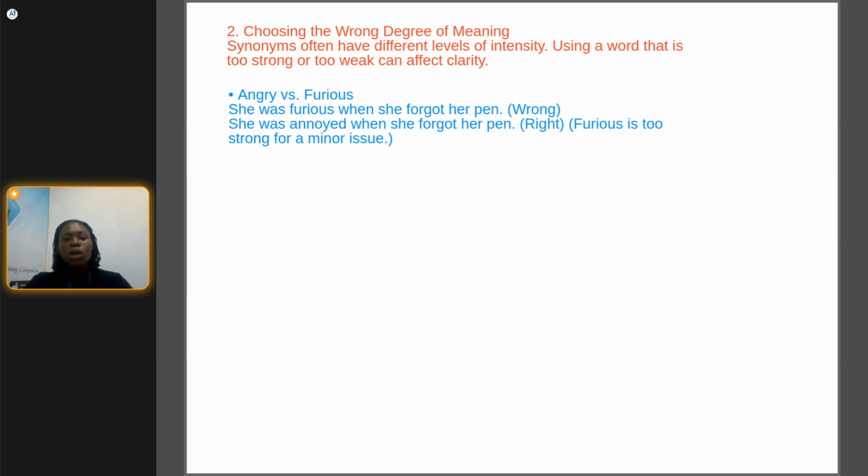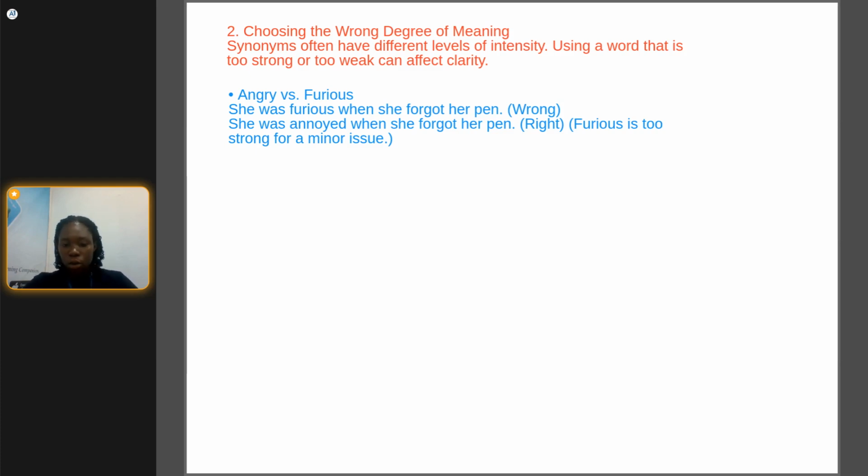All right, so you always have to consider the intensity of the synonym you use. Do not make the mistake of using too weak a word or too strong a word, because in your exam options, you could find stuff like this. You see a milder word and you see a strong word. Context will help you determine whether you should choose the mild word or the strong word.